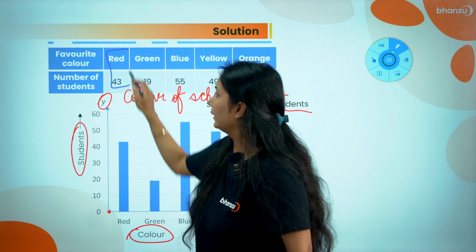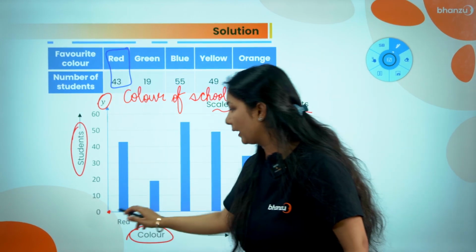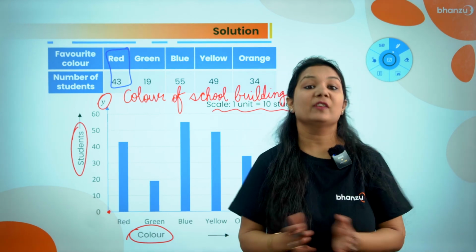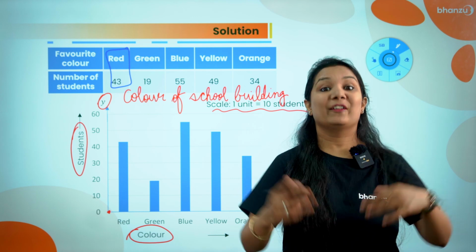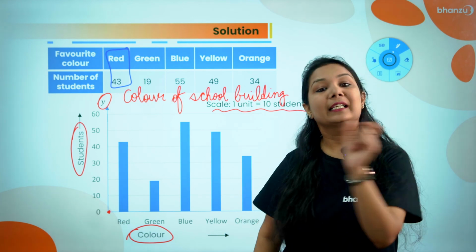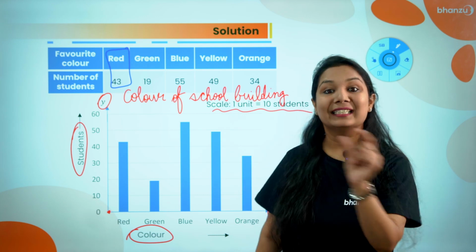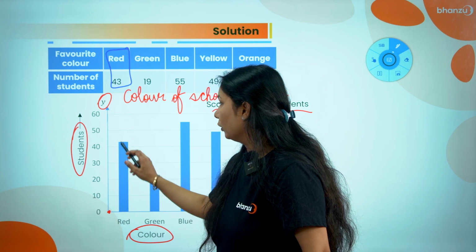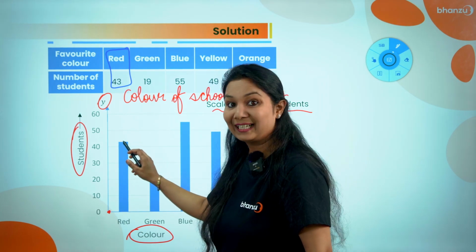So red is 43, so we'll take a gap of 1 centimeter. You can take a gap of 1 centimeter if you are drawing on a pencil or a notebook, and if you are drawing on graph paper, which we should do in our graph book, there the gaps are already given, right? You can see the gaps. So starting with pencil, go till 43 with the pencil and a scale.